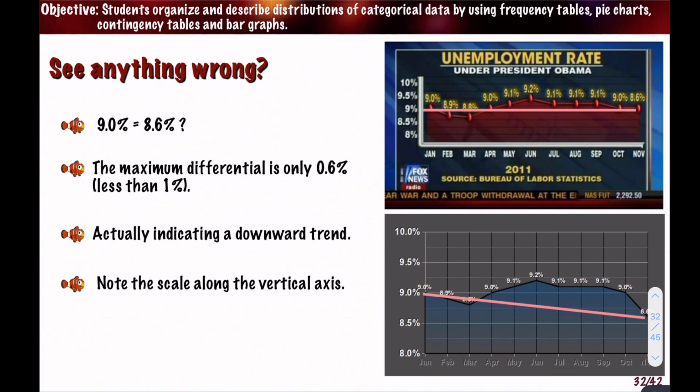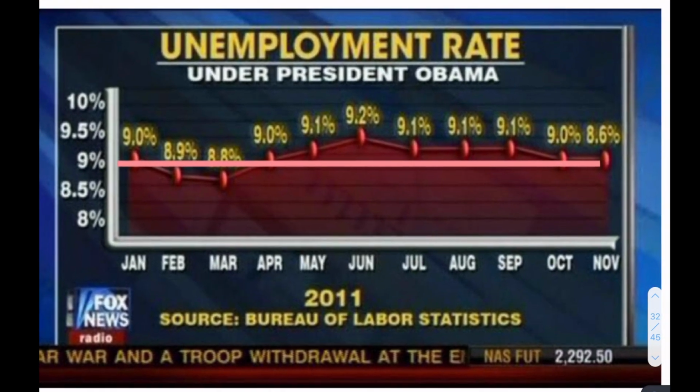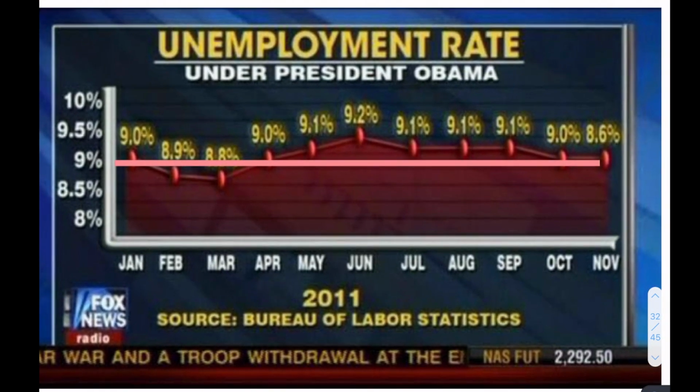Por ejemplo, for example, do you see anything wrong with this chart? This is from the 2011 Bureau of Labor Statistics showing the unemployment rate under President Obama. Now, if you look at this, is 9% the same as 8.6%?